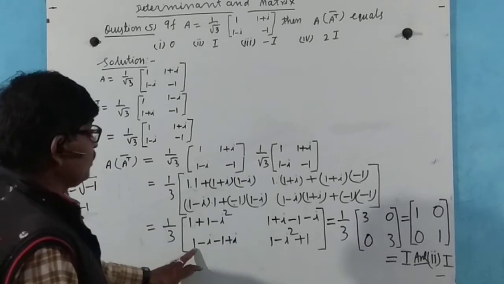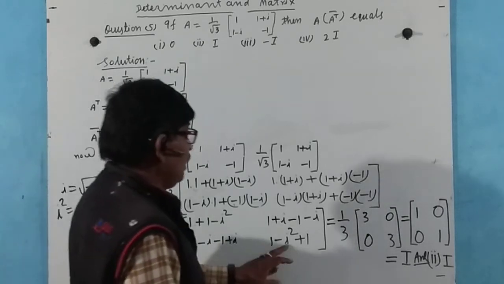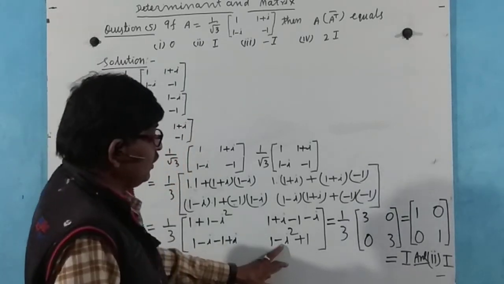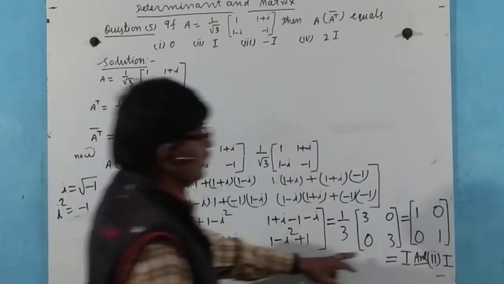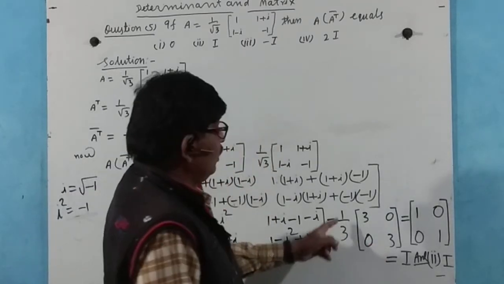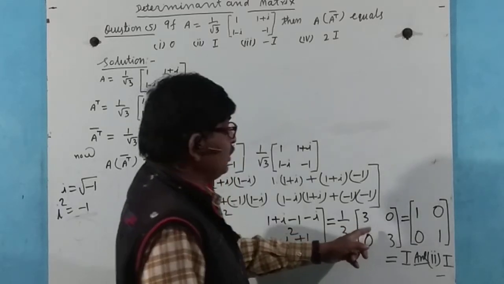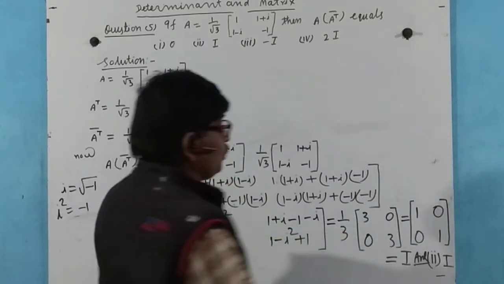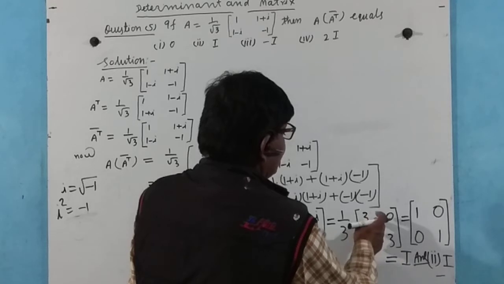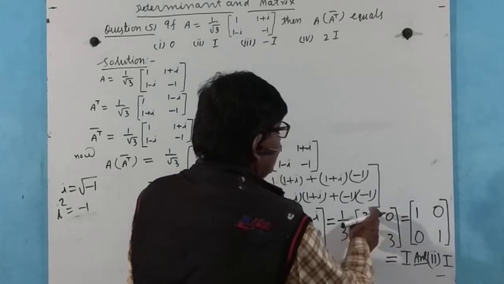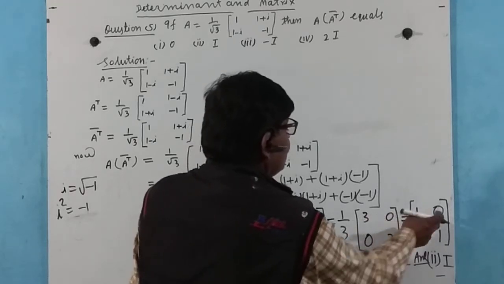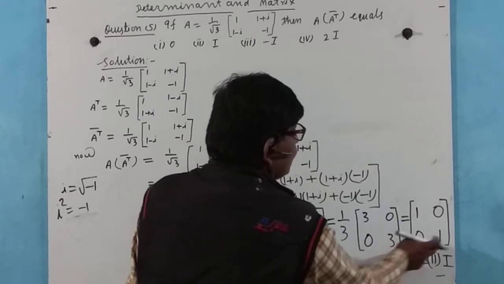Minus 1 and plus 1 cancel to 0, and with i squared equal to minus 1, minus 1 plus 1 plus 1 gives 3. Multiplying each element by 1 by 3, we get 3 into 1 by 3 equals 1, 0 into 1 by 3 equals 0, so the matrix is 1, 0, 0, 1.